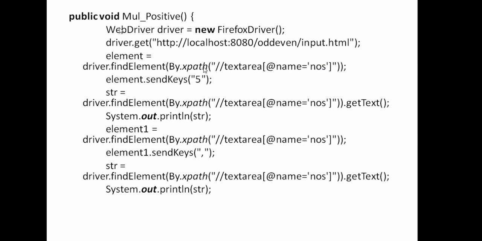To that text area I'm passing the first key, that is, I want to pass the number 5. Now I have passed the number 5 to this particular web element.